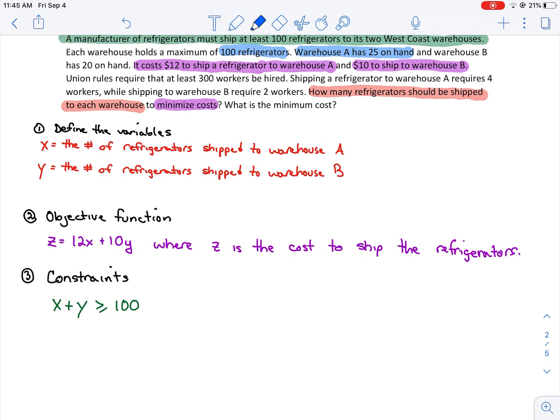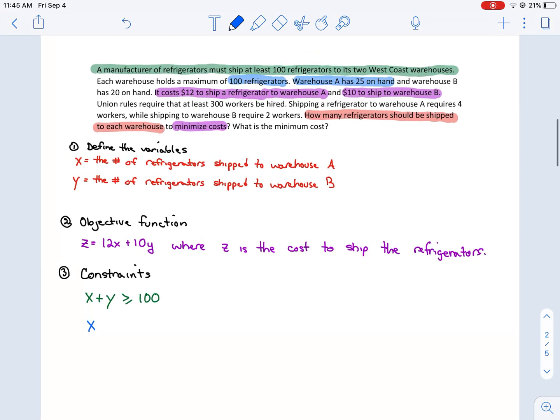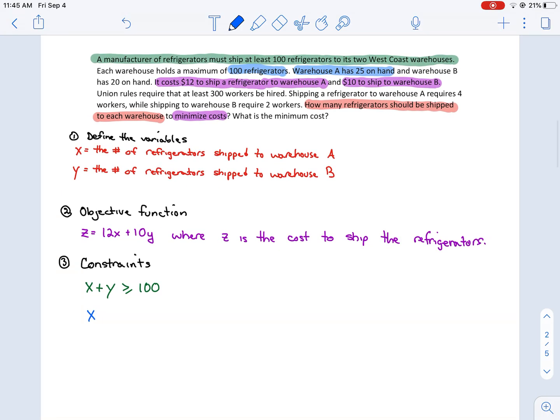So warehouse A, which we represent with an x, holds a maximum of 100 refrigerators. However, they already have 25. So x has to be less than or equal to 100 minus 25, which implies that x is less than or equal to 75.